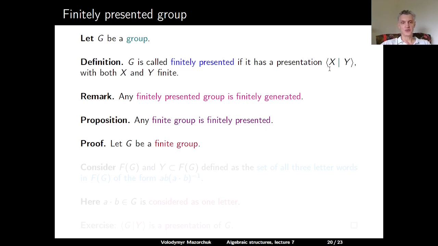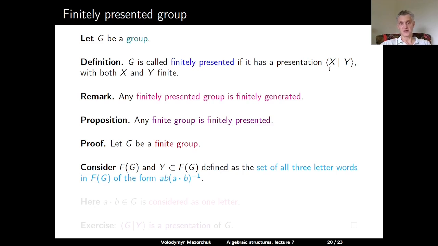So we can take G to be a finite group, and we can take as the set of all generators just the set G. So we consider the free group F(G), and we define Y in F(G) as the set of all three-letter words of the form a times b times (ab) inverse.